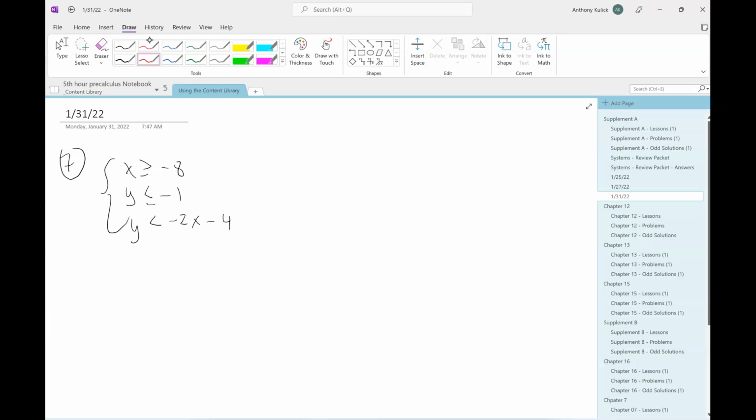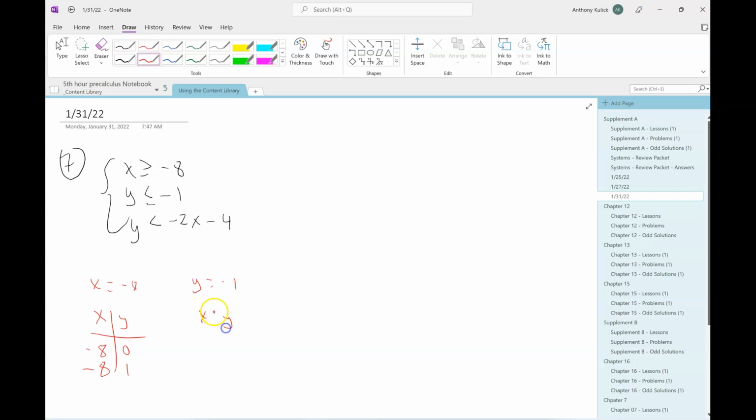So here we're solving a system of inequalities. I noticed right away all of these are in the proper form, so I don't have to do any rearranging. So I'm just going to generate some points for each of these. For an x equals equation, actually we pretend they're that, the x has to be -8. And since there's no y in the equation, y can be whatever it wants.